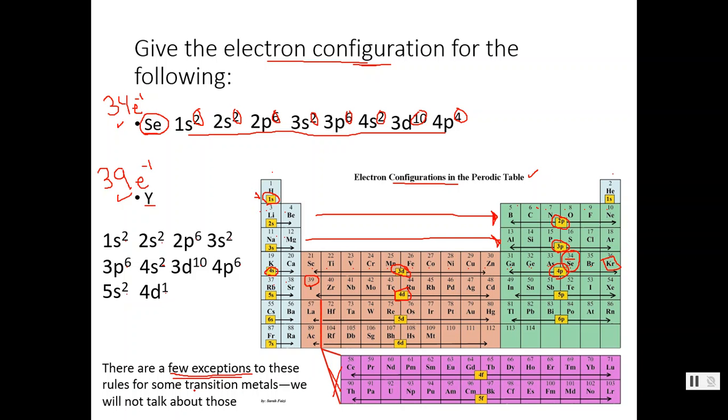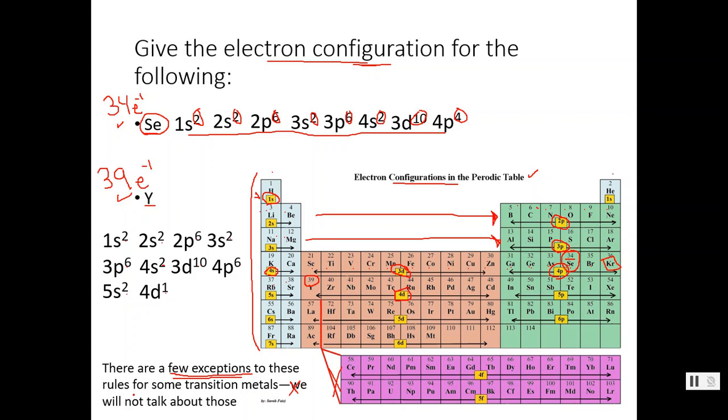There are a few transition metals that break those rules. I usually mention those in intro chem, but just due to the amount of material we still need to cover, we're not going to talk about those.